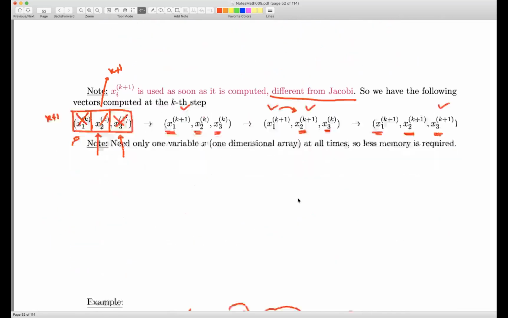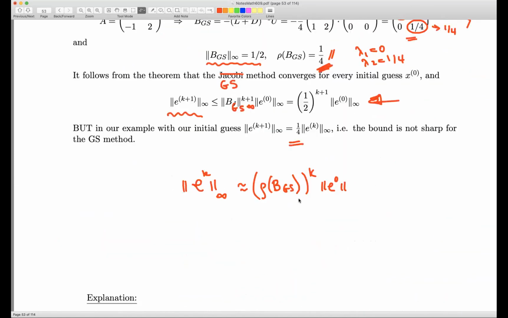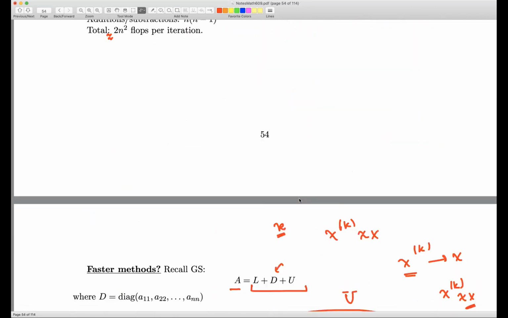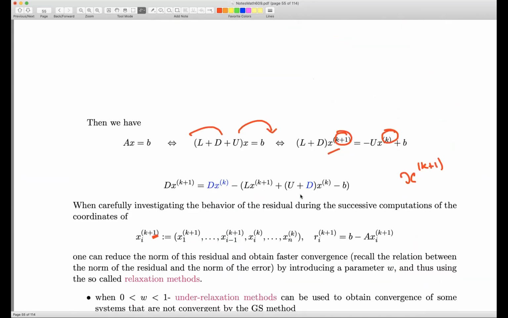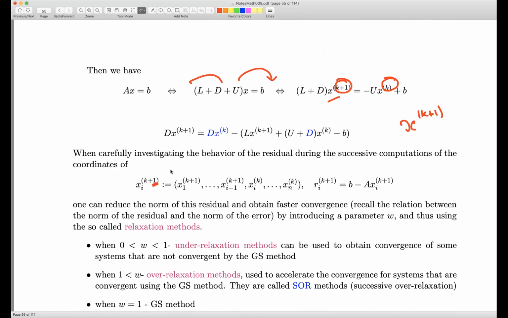So within one iteration of Gauss-Seidel, you will have a vector that is something like this. The first i minus 1 components of this vector will be the components of x^(k+1), and the rest of the components, from i-th to n-th, will be the components of x^k.